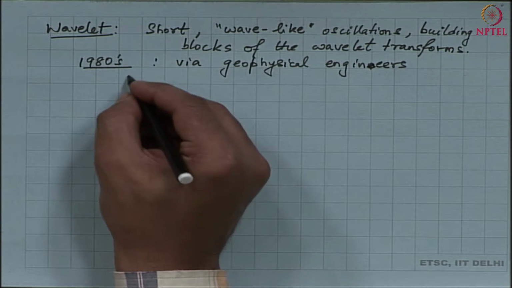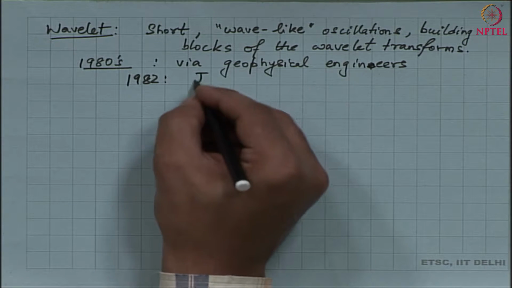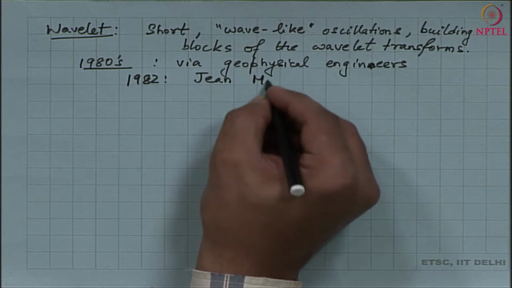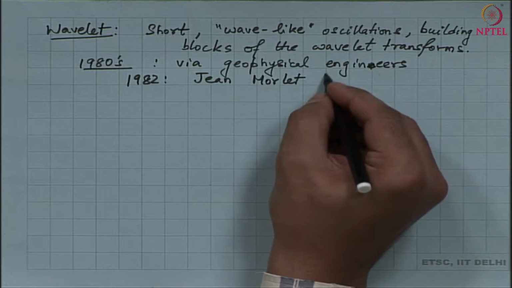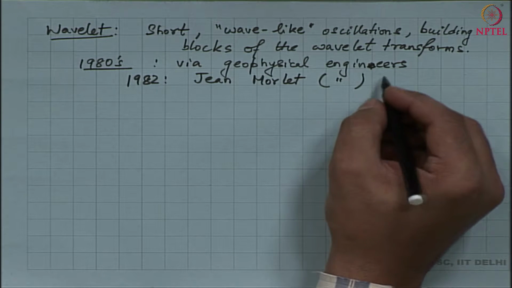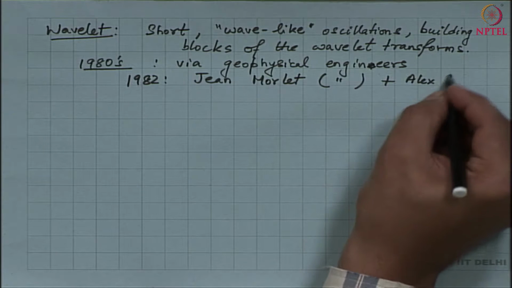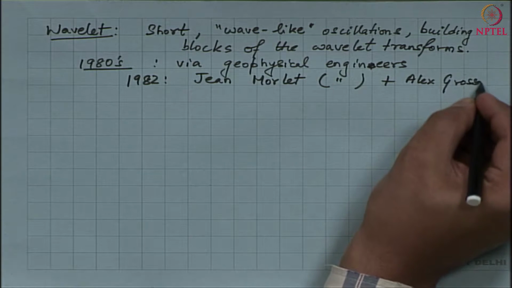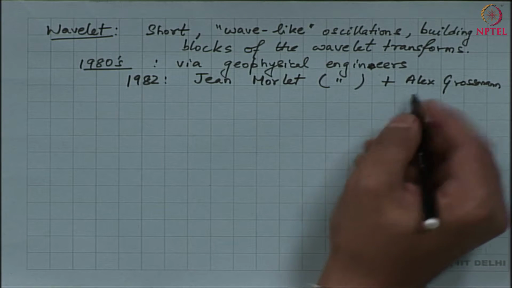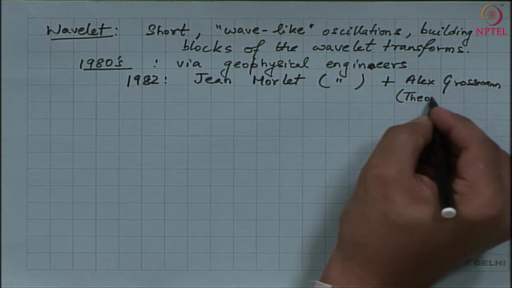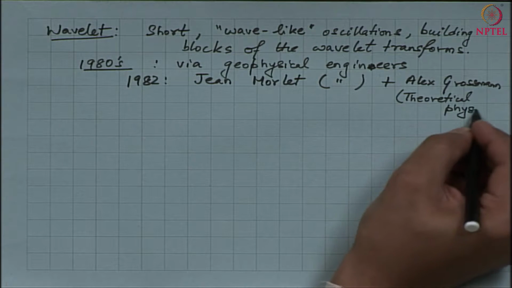The first person in this list of record is, in 82, Jean Morlet. Morlet was a geophysical engineer. His idea, along with Alex Grossman, who was a theoretical physicist, was the start of this area.